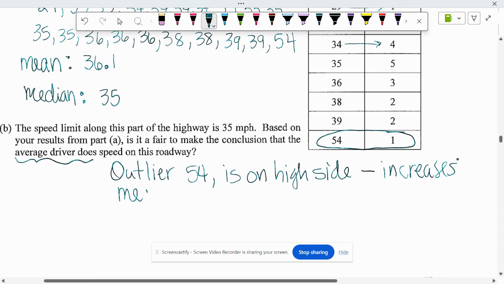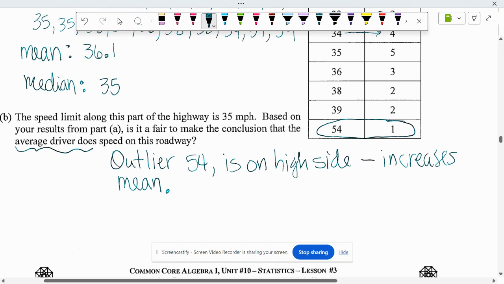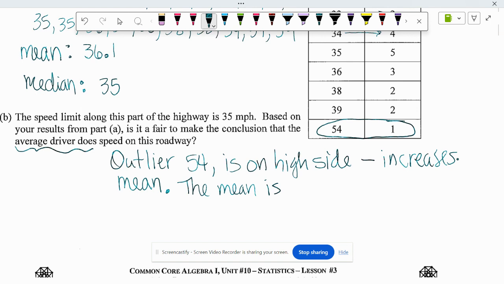Do you guys remember that? We did that whole effects of outliers. So the mean is 36.1 because of that outlier. So I'm going to write that. The mean is 36.1 because of the outlier.